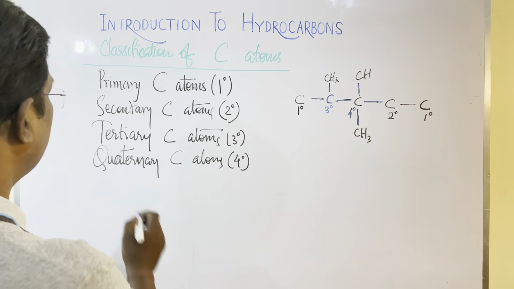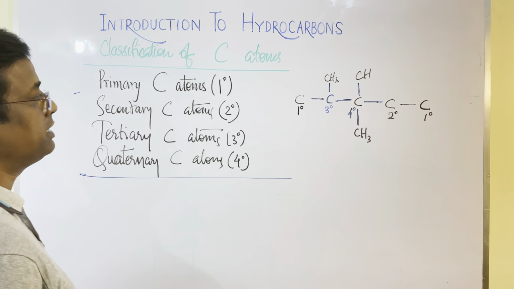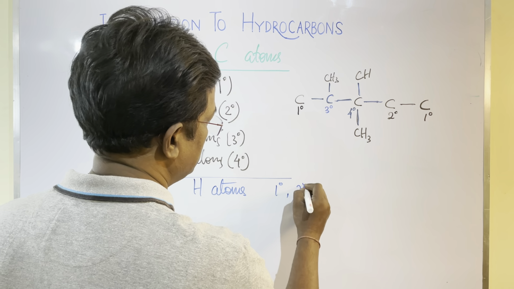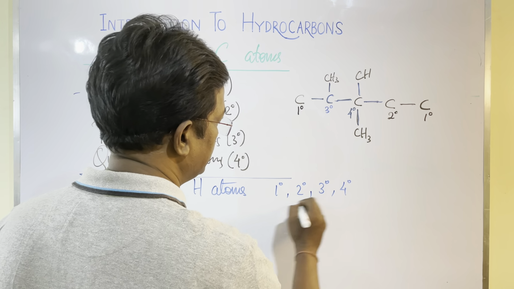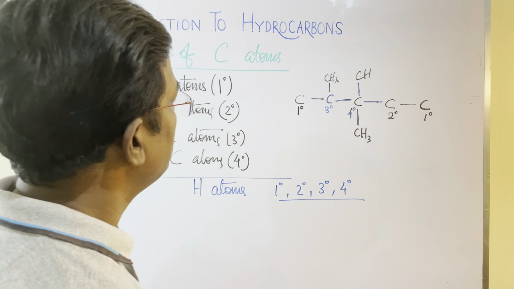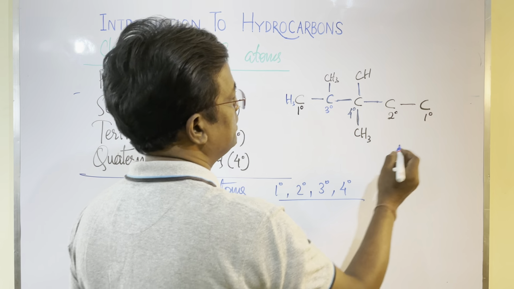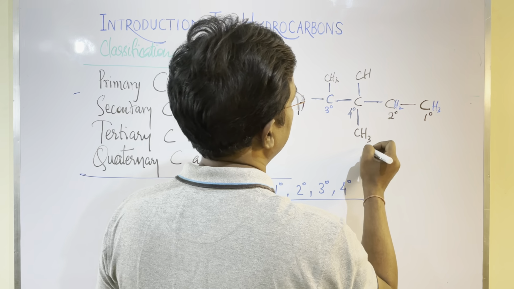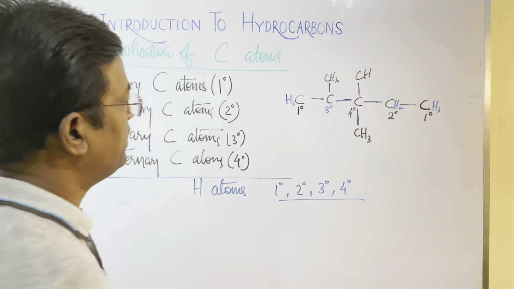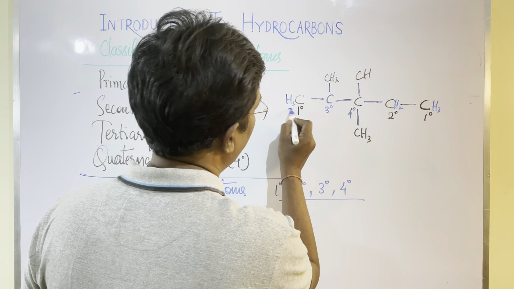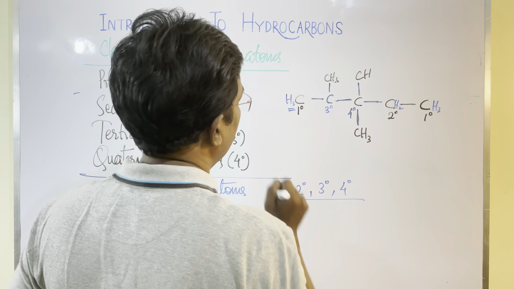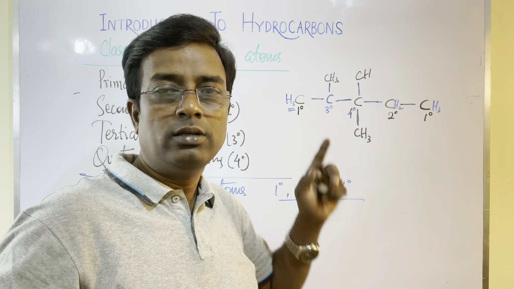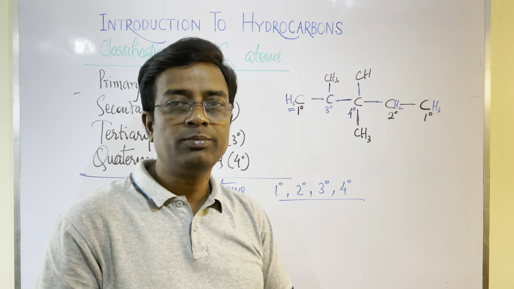And similarly, we can also classify hydrogen atoms. Hydrogen atoms can also be classified as primary, secondary, tertiary, and quaternary. How? The hydrogen here, like this one is CH3, supplied with hydrogen, 1, 2, CH2, and CH3, CH3. Yes, satisfied here. Now, these three hydrogens are attached with this. So these three are your primary. The hydrogen atoms bonded to the primary carbon atoms are also called primary hydrogen atoms.